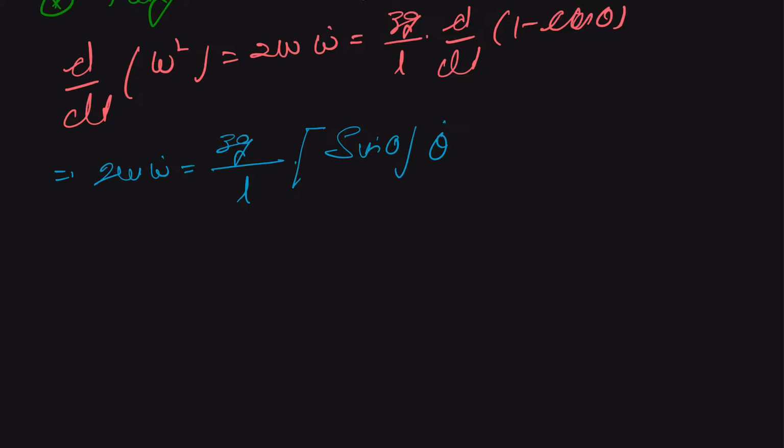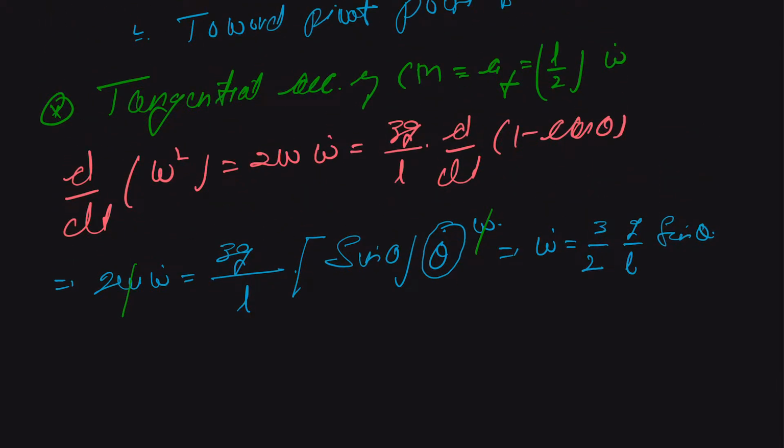And from here, the derivative of our angle is nothing but our omega. So this omega and omega are going to cancel out, therefore we get that our angular acceleration will be equal to 3 by 2 G upon L sine of theta.